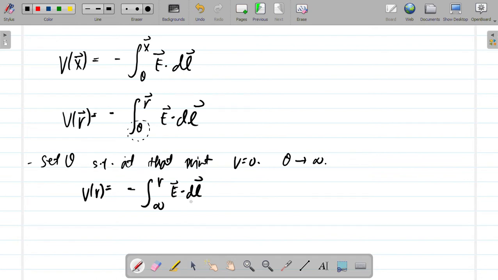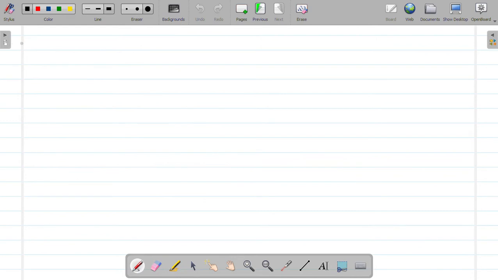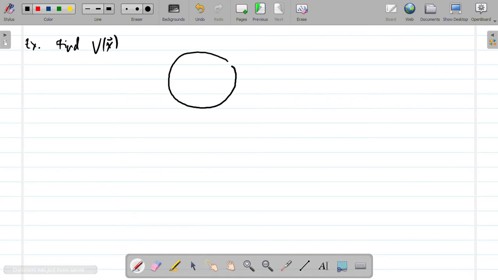Some problems. Okay? So, example tayo. We find the potential, find V of X inside and outside a spherical shell of radius R with a total charge Q. So, meron spherical shell na naman. Ang hirap mag-drawing ng bilog.